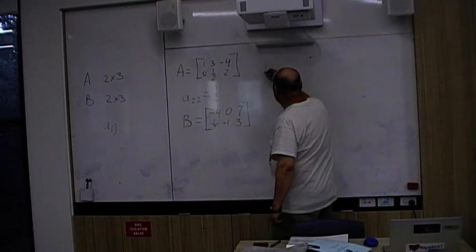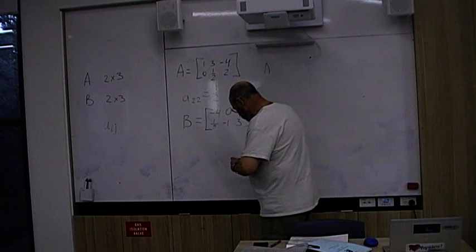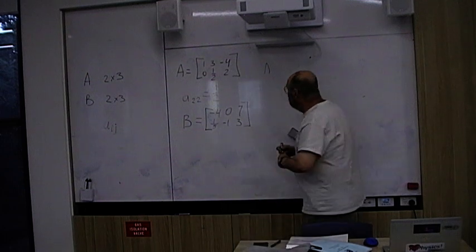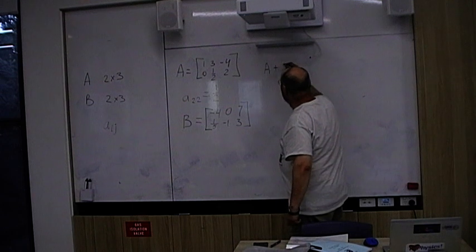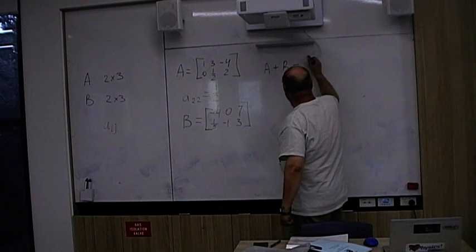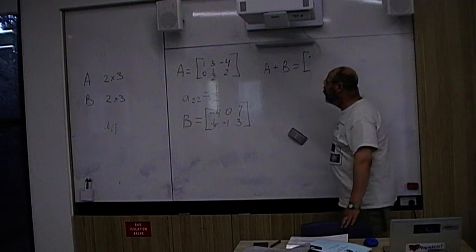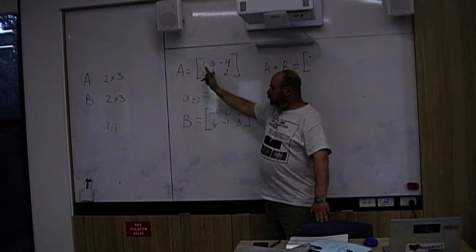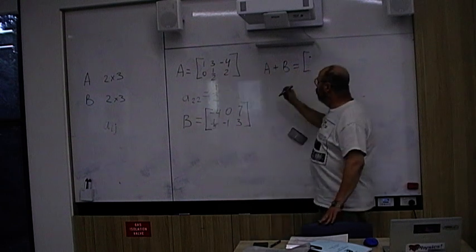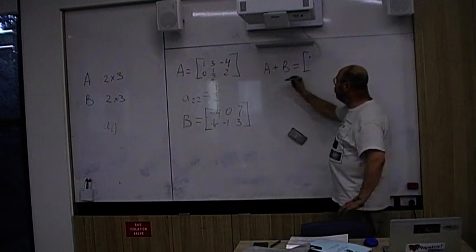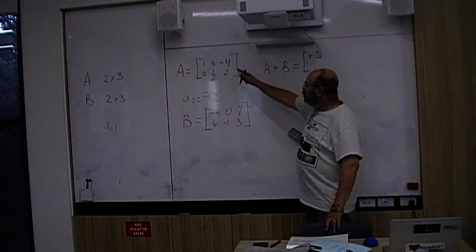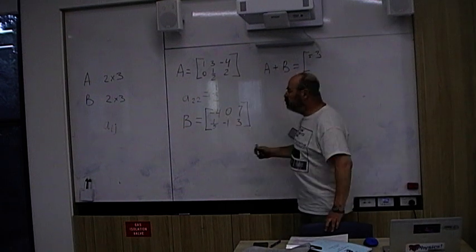To add matrices, we add the corresponding numbers. So we add a11 from here with b11. So we will have 1 plus negative 4, negative 3. 3 plus 0, 3.